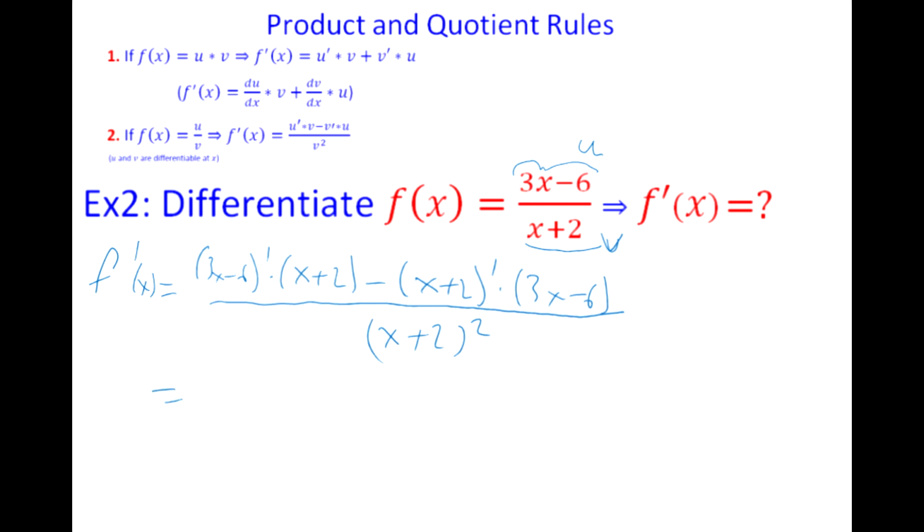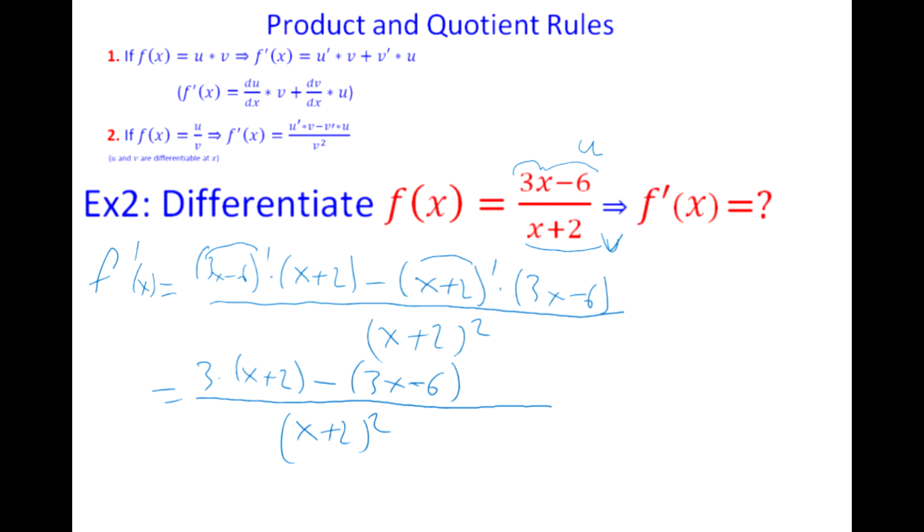And this is going to be equal to the derivative of 3x minus 6, which is 3, guys. By the way, before starting, let me put here the line. So we're going to have 3 from here times x plus 2 minus the derivative of x plus 2, which is 1. So I'm going to directly write 3x minus 6, divided by (x plus 2) squared.